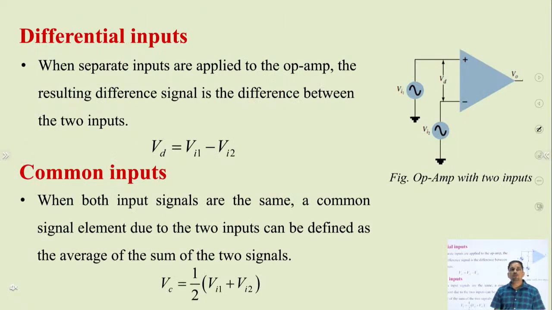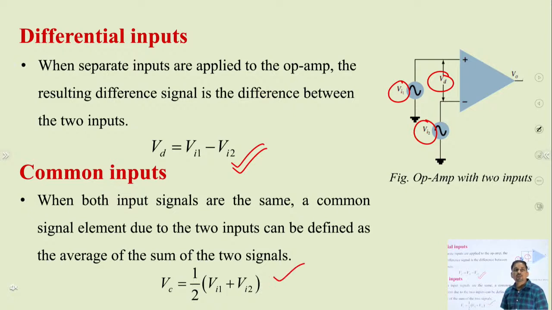So first of all, we have the differential inputs. If we have Vi1 and Vi2 available at the positive and negative input of the op-amp, then Vd is called the differential input. So Vd is nothing but the difference of Vi1 and Vi2. And the common mode input means when we are taking the average.